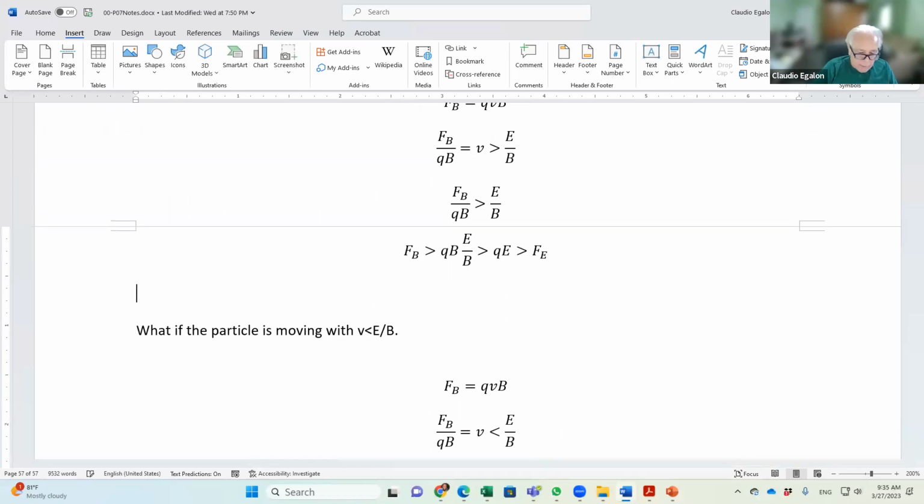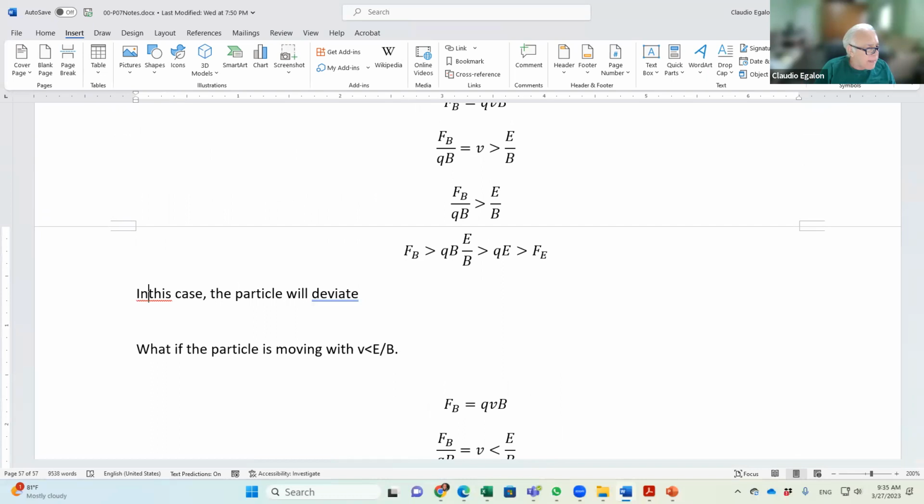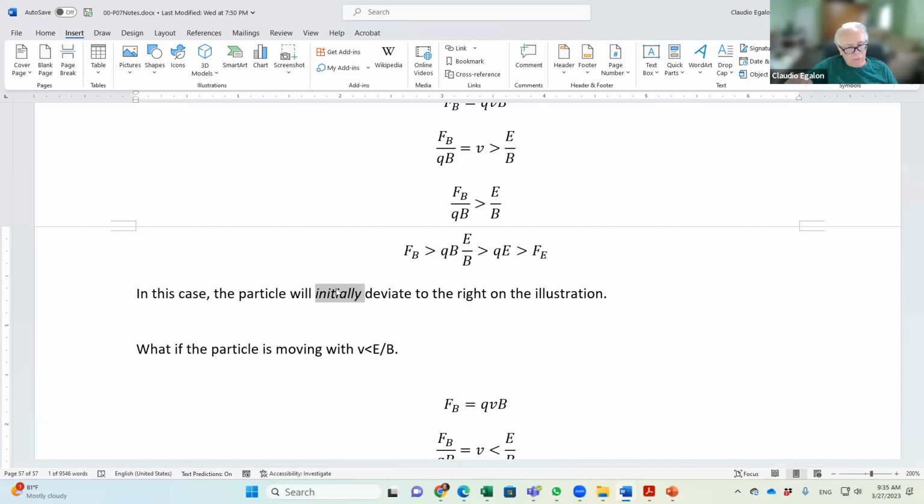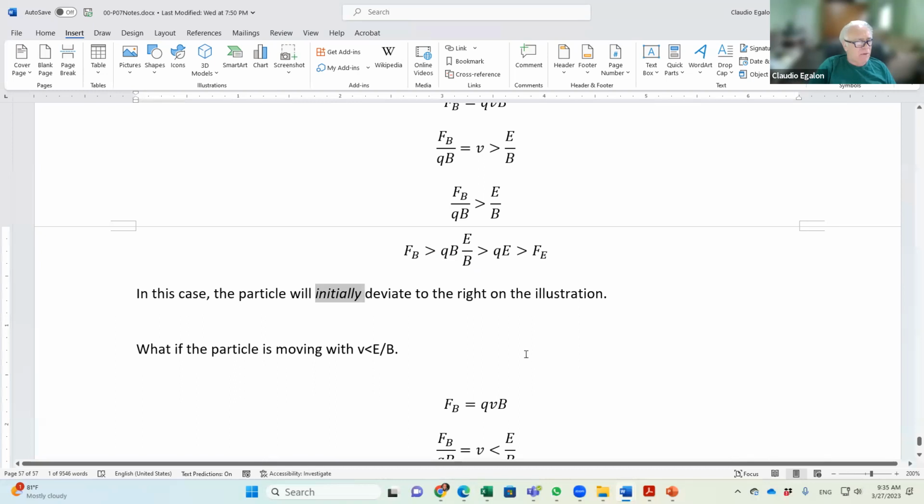In this case, it's very difficult to study the type of motion that this particle will undergo, but at least we know that it will initially deviate to the right in the illustration, because there is still a combination of circular motion in there that's very difficult to describe at this level in the course.